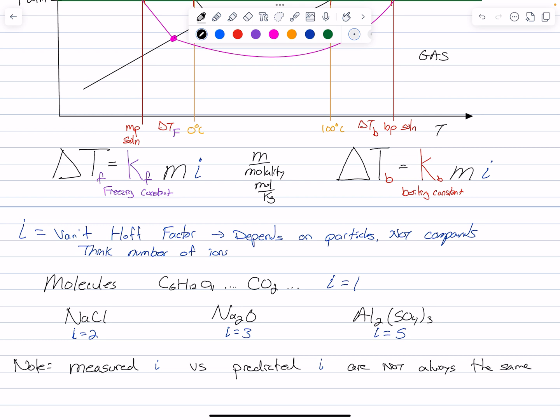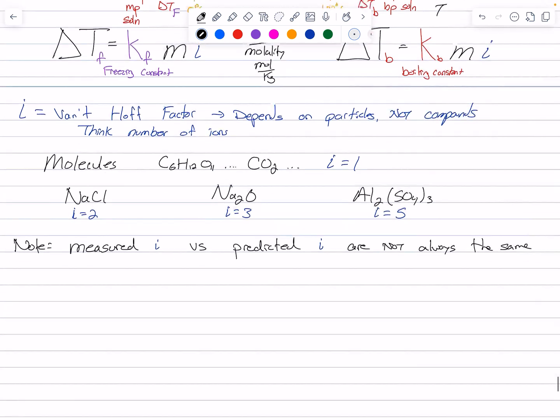So that doesn't necessarily mean they're going to be the same. Like, the measured Van't Hoff factor of sodium chloride might be 1.9, right? And so I'm not going to expect you to know measured ones. You're either going to calculate it or I'm going to tell you, right? But with a theoretical one, the predicted one, that's fair game because you should know what things break up into.